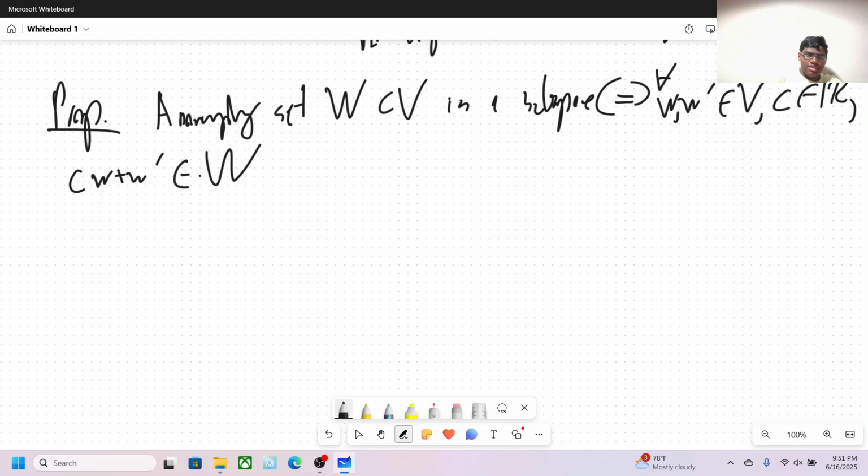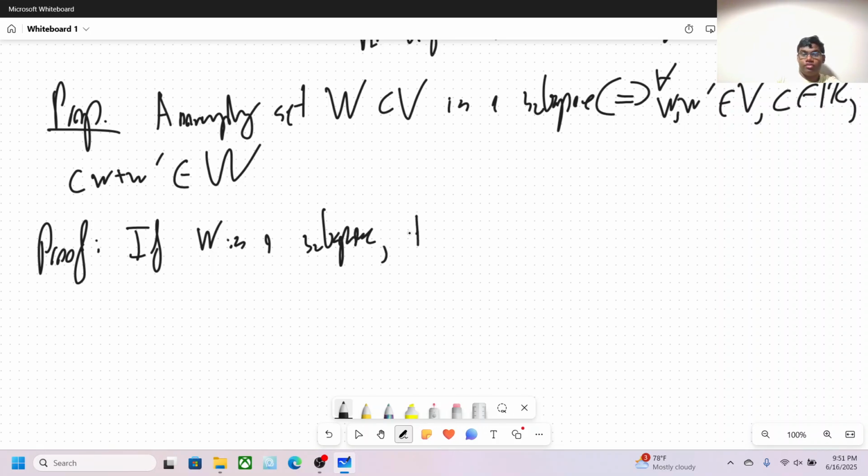So why is this? Basically, we're going to say that this condition somehow allows us to encapsulate both the addition and the scalar multiplication rules. Proof: if W is a subspace, closure makes this true trivially, because closure automatically tells us that these guys live in W, and hence this guy also lives in W by closure of the operations.